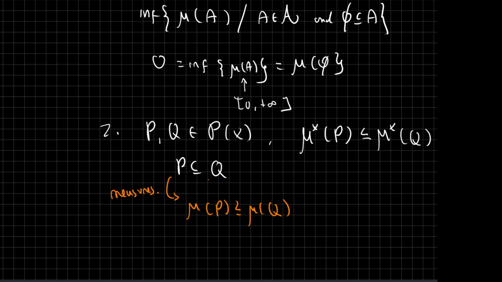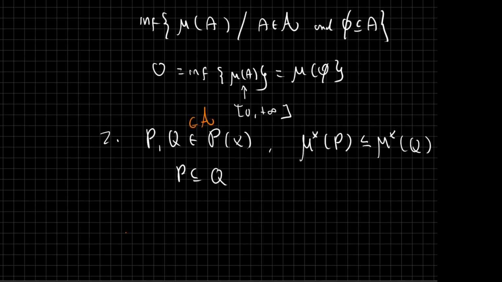So if this happens, then the infimum of, well, not exactly, this would only happen if those two were in the sigma algebra. So I rushed it. All right, let's do it one step at a time.